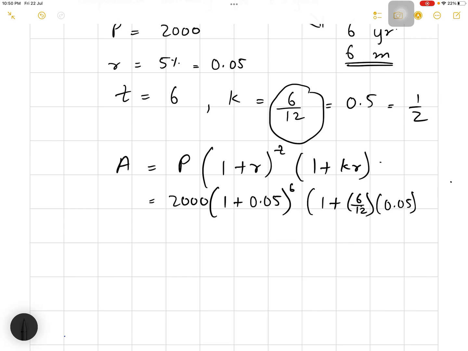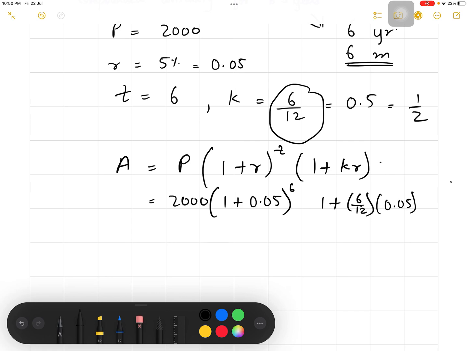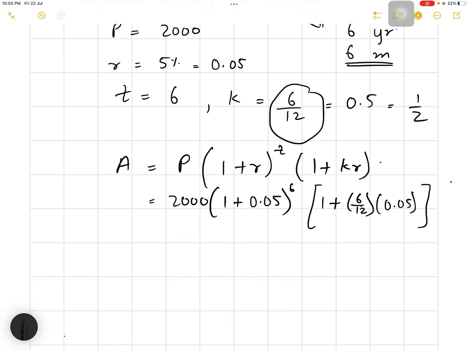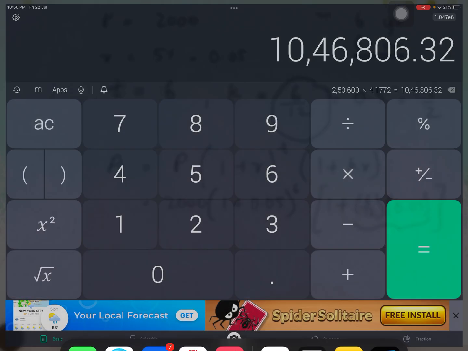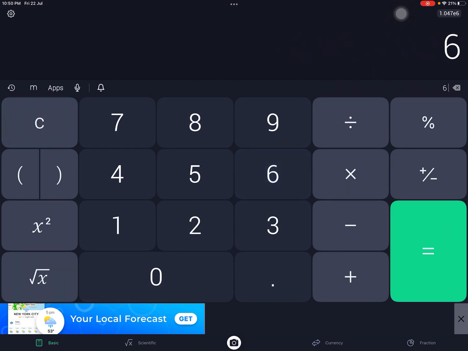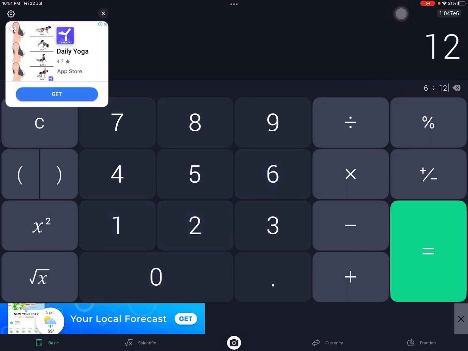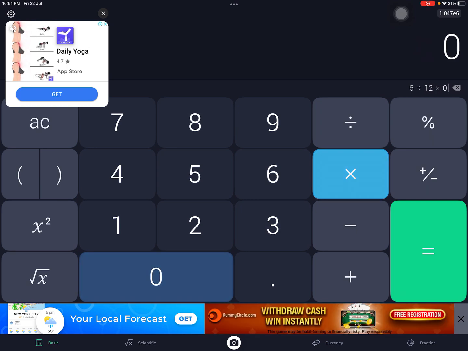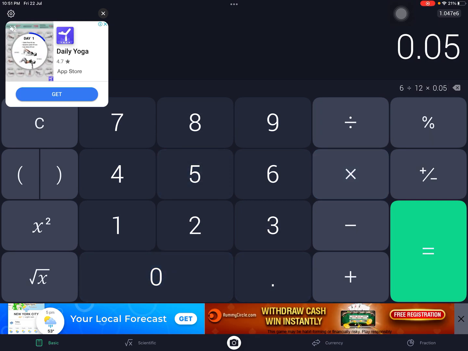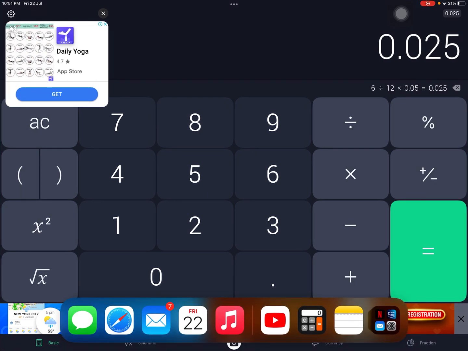I'll just multiply. I'll put this in a different bracket so that there's no confusion. Multiplying this, 6 by 12 into 0.05, 6 divided by 12 into 0.05, which is 0.025.